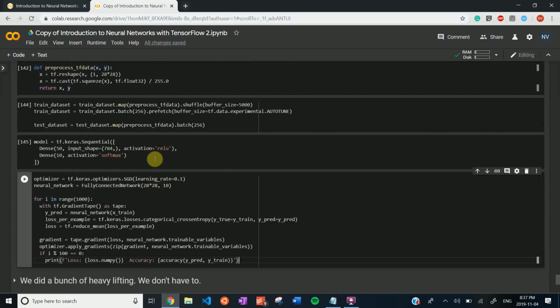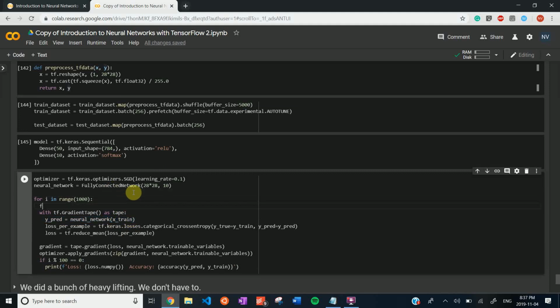So now we're using this TF dataset. It makes it a lot easier to work with this data. Previously, this X train was the entire dataset. And my claim is that you can't always do this, so we're going to use small chunks. We're going to iterate through this just like we would expect to in Python. So XY in train dataset. Each XY is literally going to be one mini batch.